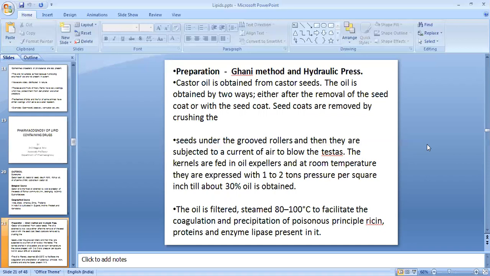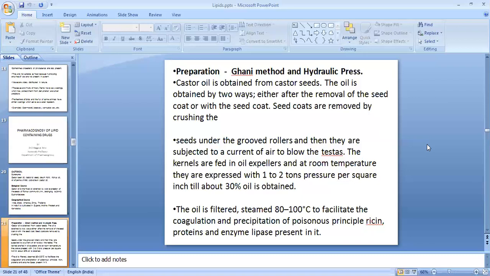If you are expressing the oil from the decorticated seeds, the seeds are subjected to stone grinders where the seed coats are crushed and removed by winnowing, or by subjecting it to a current of air to remove the testa and the endosperm.